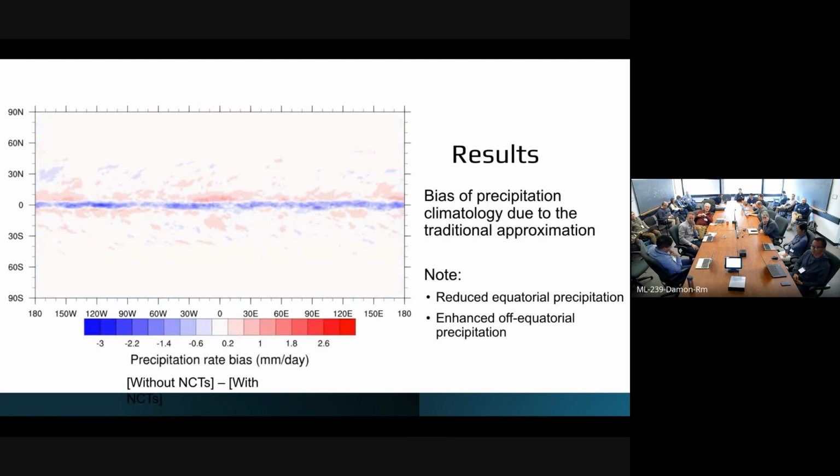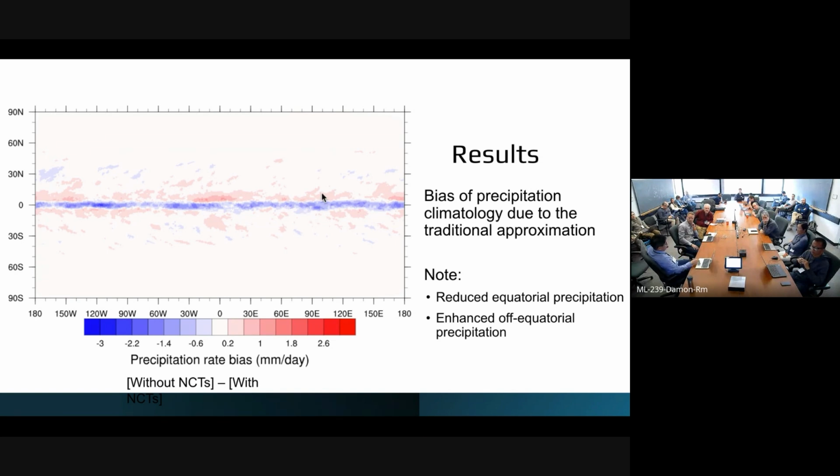This is the difference. I call it bias because we don't have observation for an aquaplanet. So I'm taking the less approximated simulation, which is the deep atmosphere simulation, as the truth. And this is the bias of precipitation climatology due to the traditional approximation, neglecting the non-traditional Coriolis term.